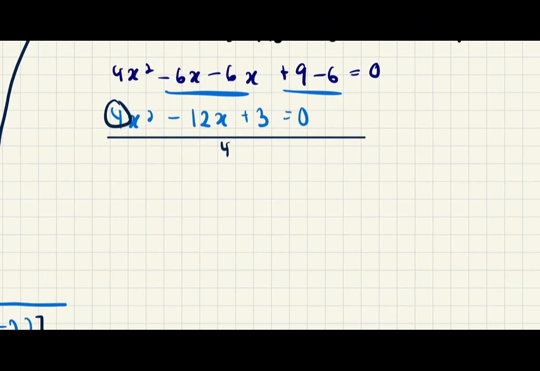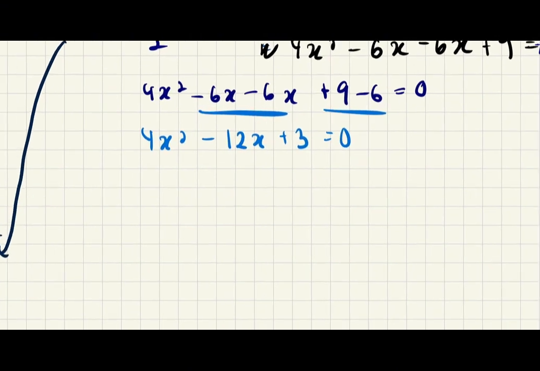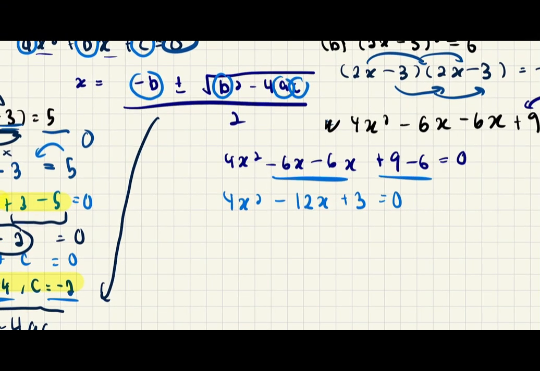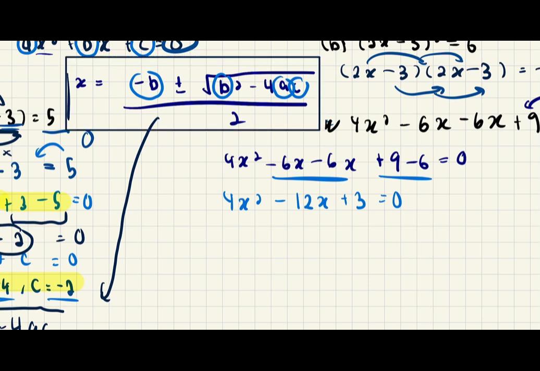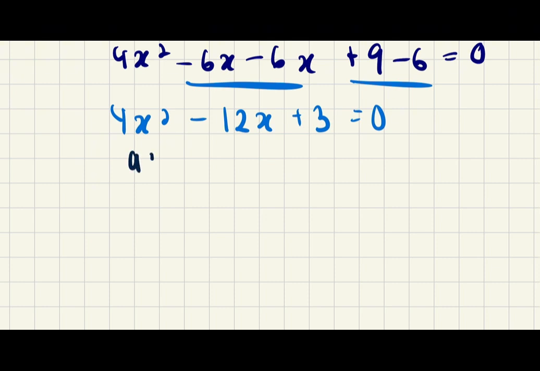Alright, so you will get here x squared. Oh no, sorry, you don't have to do that, because you have the formula here. I'm very sorry, I'm truly sorry. Okay, so we just compare now ax squared minus bx plus c equals to 0.